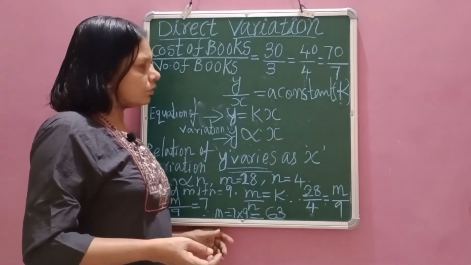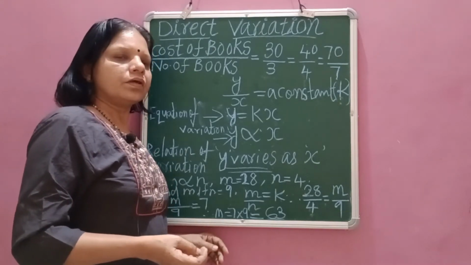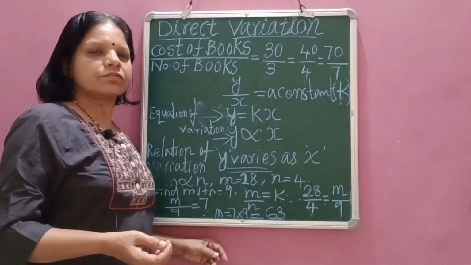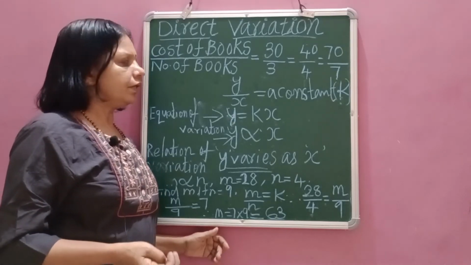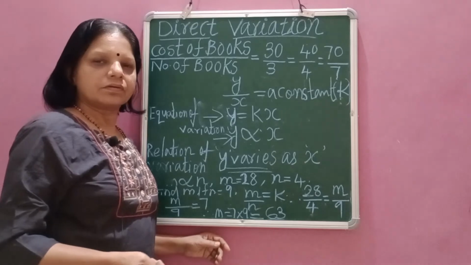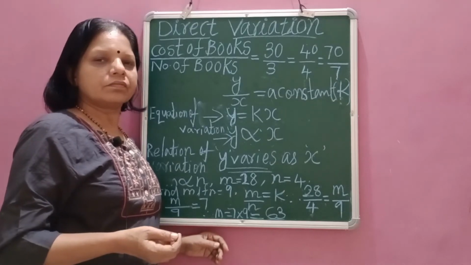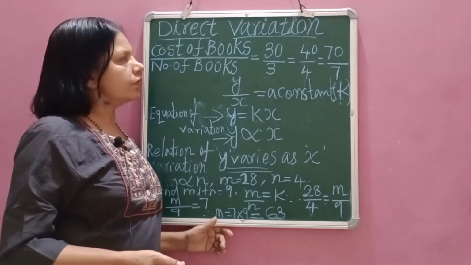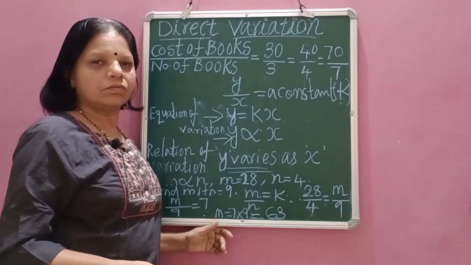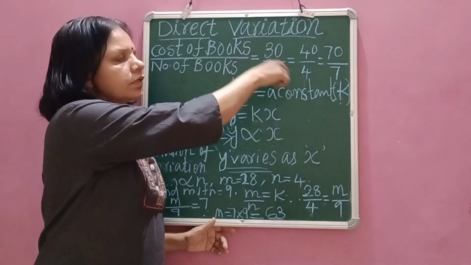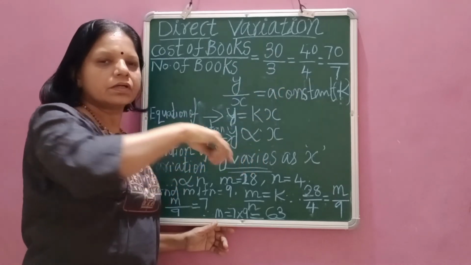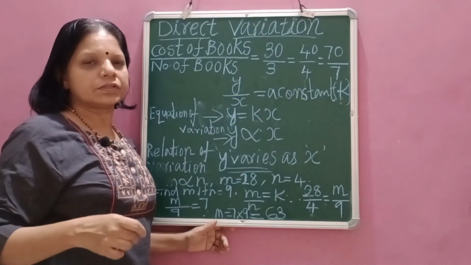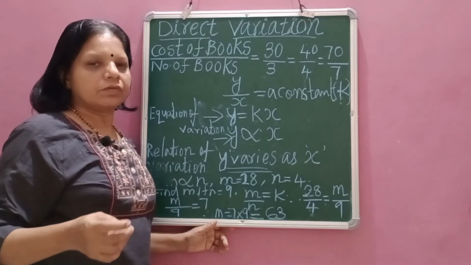So also if we are given different values of y and x, you can check whether they are in direct variation or not. How? We will check each ratio. If they are equal, then they are in variation, that is in direct variation.